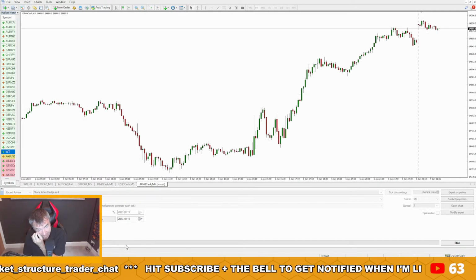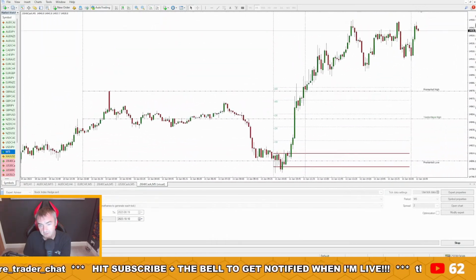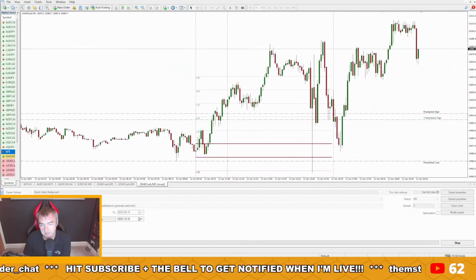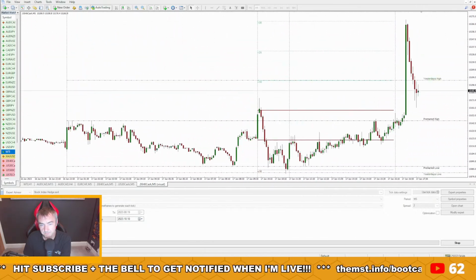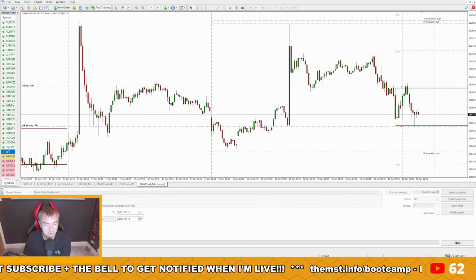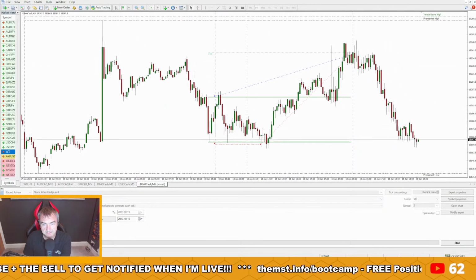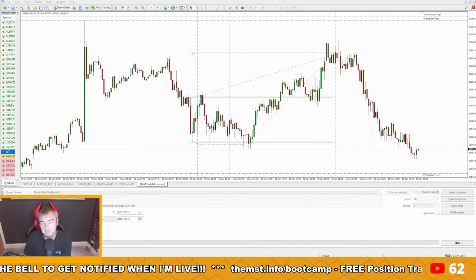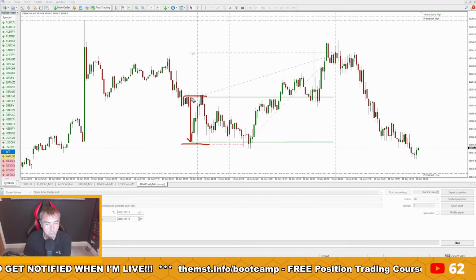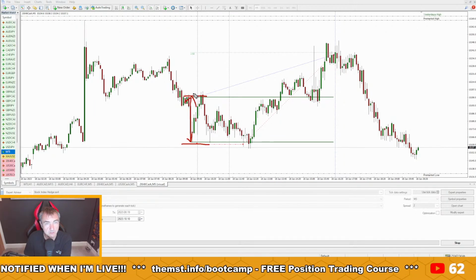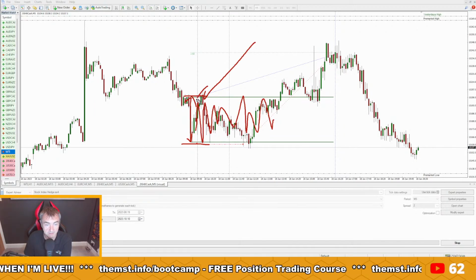What difference does using 20 to 40% make? I don't think I've ever tested it. Probably won't take many trades because the chances of getting a 20% range are probably quite tricky pre-market. And if it did, I wouldn't want to trade it. Oh, there we go, we've got one there. That's exactly why you do not use big ranges, because if the market can put in 20 or more percent of its range in one candle, it's going to find it pretty damn hard to go anywhere because it's just done it.